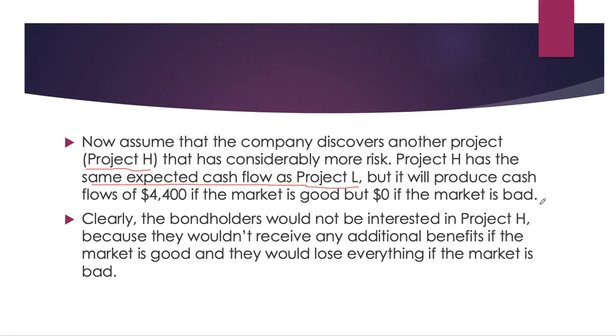So it's definitely a bigger risk, and it's a riskier project compared to the previous one. So in this situation, the bondholder would not be interested in project H because there is a chance that they will not get any benefits from this investment, and they will lose everything if the market turns out to be in bad condition.